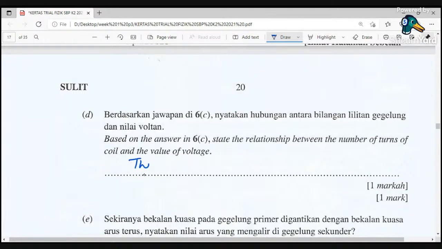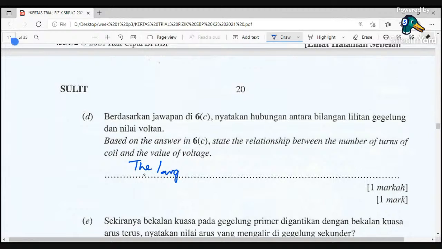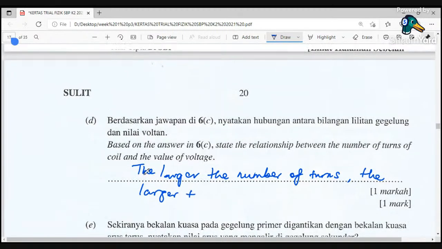The larger the number of turns, the larger the value of voltage.